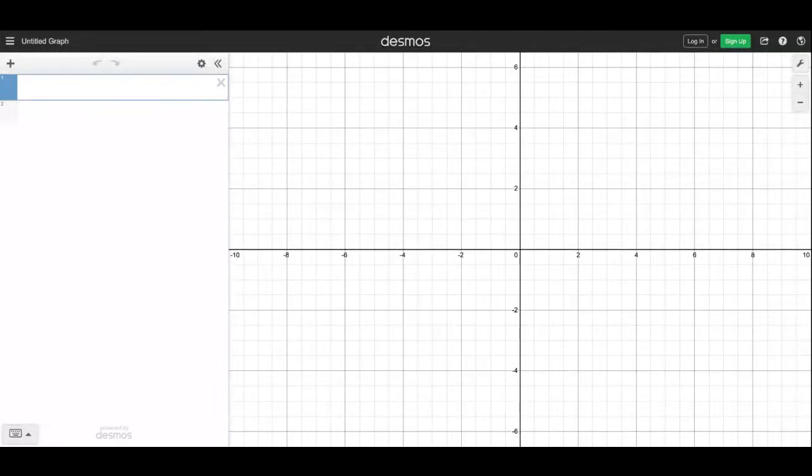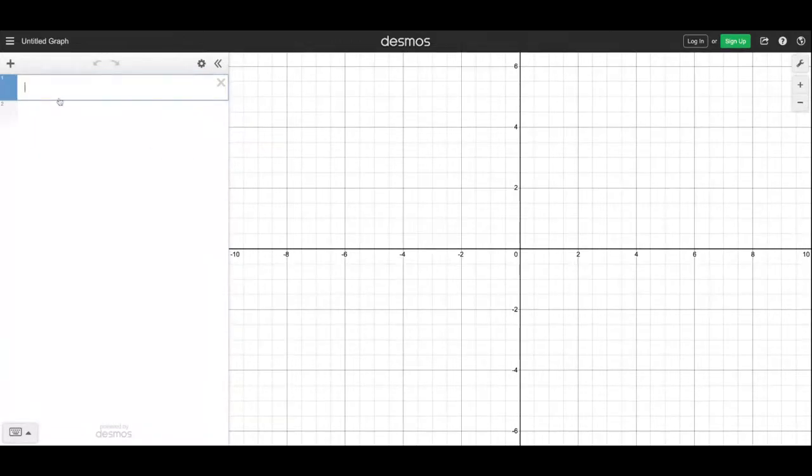Okay, so now I'm going to put in my function. I got to read what I have: 3x squared plus 4x, all divided by, oops, I should have put this inside parentheses.